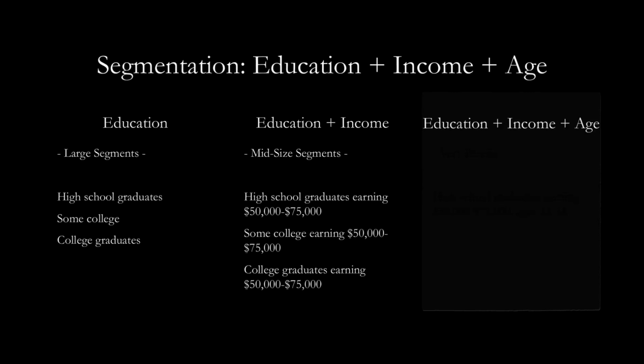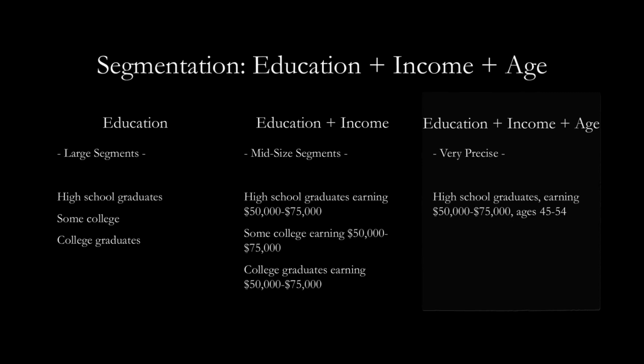If we use a three-variable approach, education, income, and age, our segments become very precise. Now we have high school graduates earning $50,000 to $75,000 per year who are ages 45 to 54.